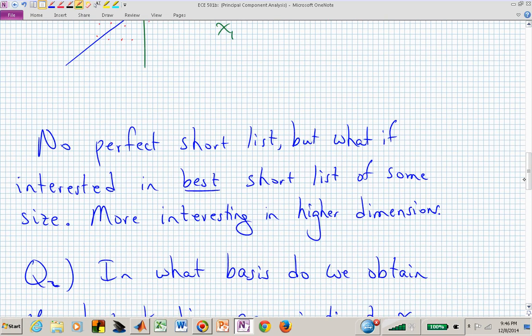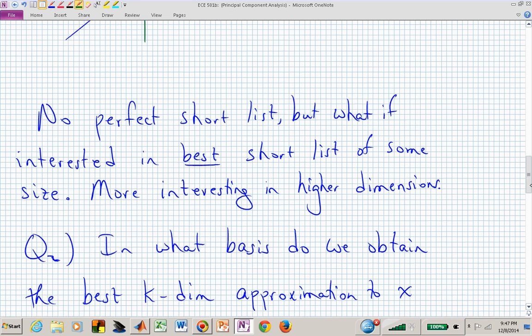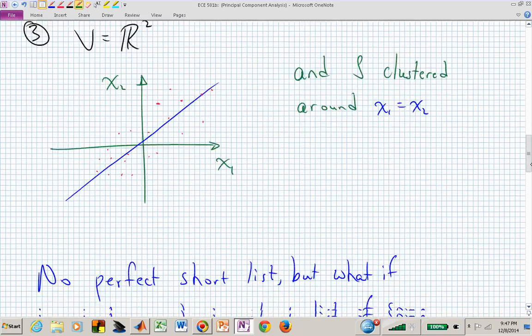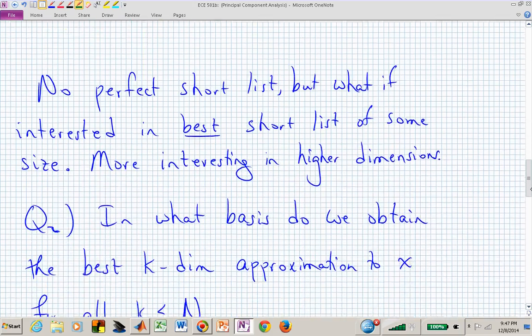Now, there's really no perfect short list, but if we're interested in a best short list, this is more interesting in higher dimensions versus just a two-dimensional example, but the two-dimensional example is easier to draw.